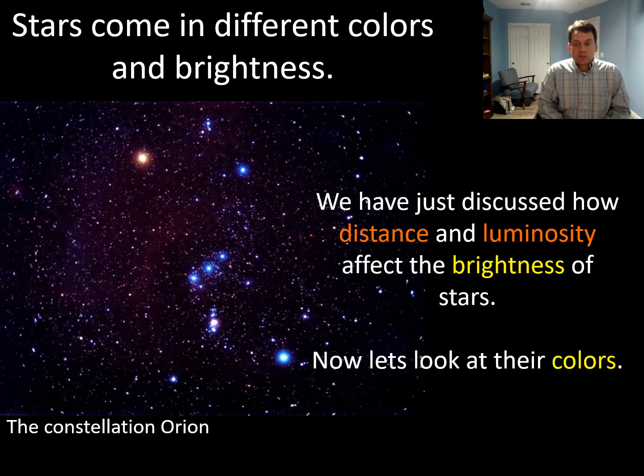As we finished up noting at the end of the last lecture, stars come in a number of different colors and brightnesses throughout the universe. We ended last lecture by looking at the constellation of Orion and noting that even just within this collection of stars, we see a number of different colored stars. We see some blue stars here in Orion's belt.